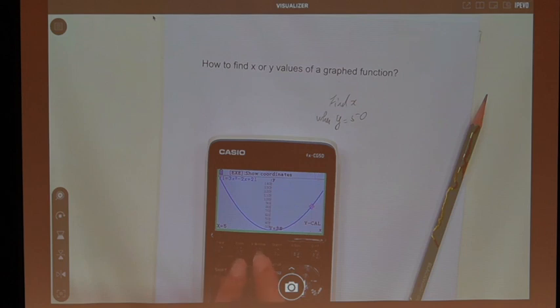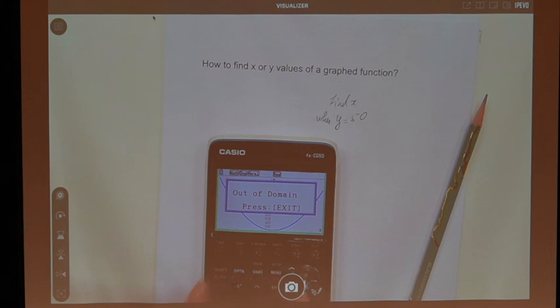However, because my domain is from minus 10 to 10, if you want to find y cal at x equals 50, the calculator will not be happy because it's out of your domain. So check the domain and then it will work.